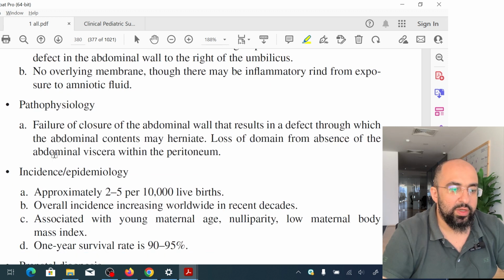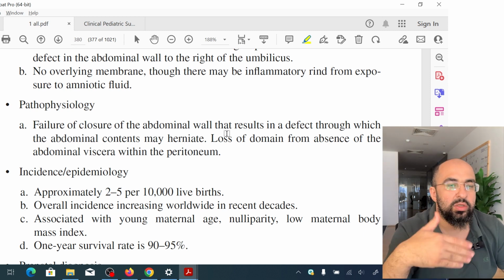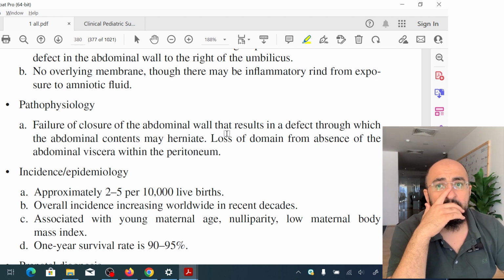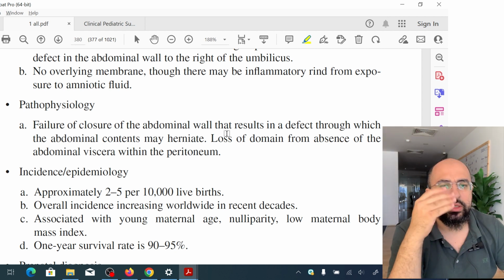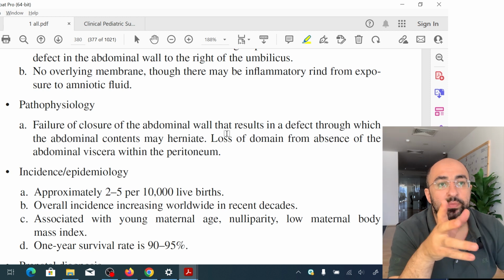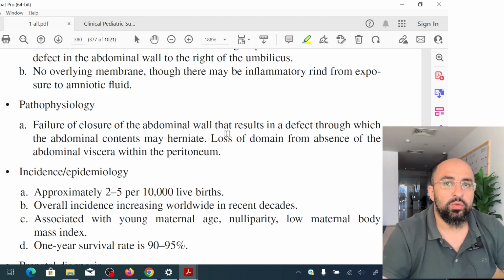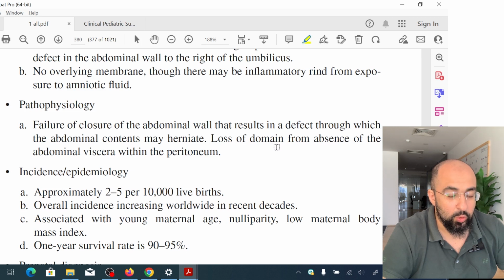Pathophysiology: failure of the closure. We do not know which cause this failure is due to, or what the causes of gastroschisis are, but it results in a defect through which the abdominal contents can herniate. Actually, it is a normal physiological embryological step that they herniate outside and do the rotation and so on in order to leave room for the solid organs to grow.